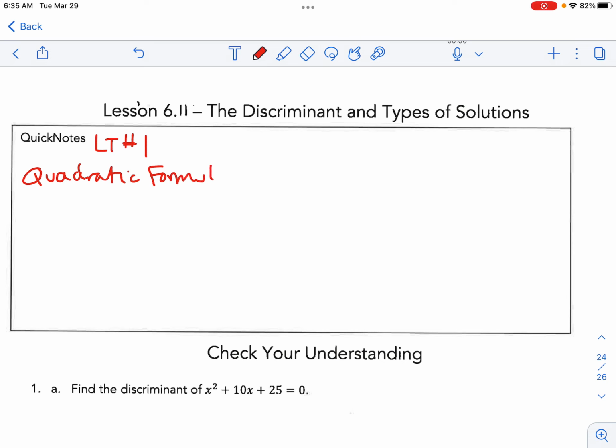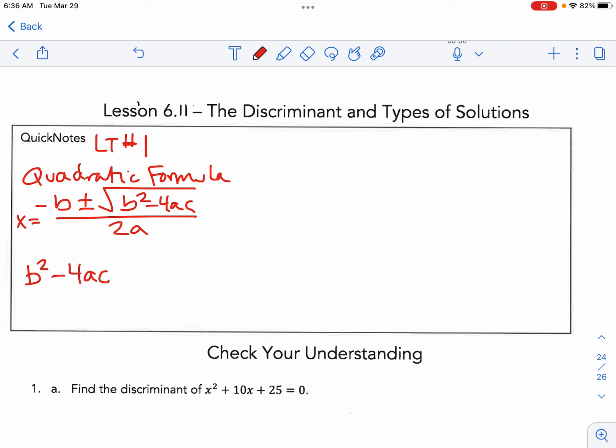We have the quadratic formula, opposite b plus or minus the square root of b squared minus 4ac all over 2a. We have the quadratic formula to calculate solutions, and it'll calculate a solution to anything. But really, what's important here is the discriminant. What's really important is that the discriminant tells us the solutions.